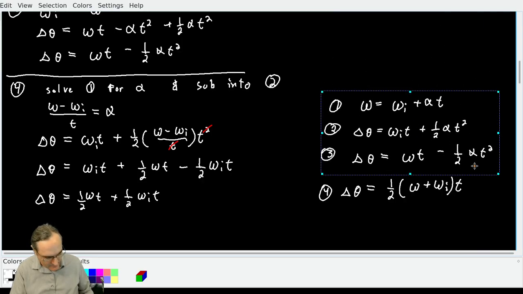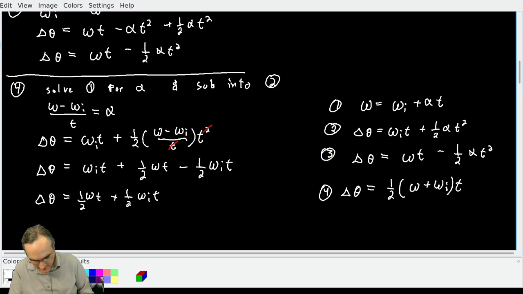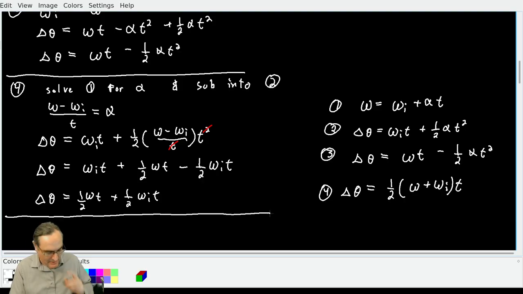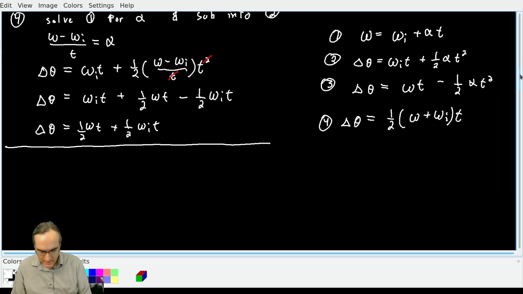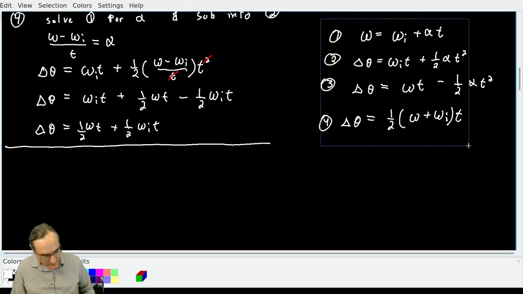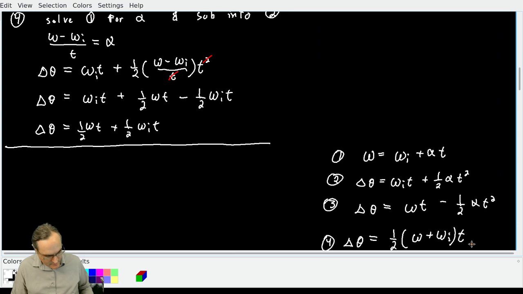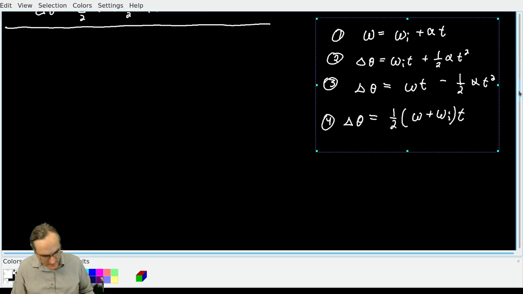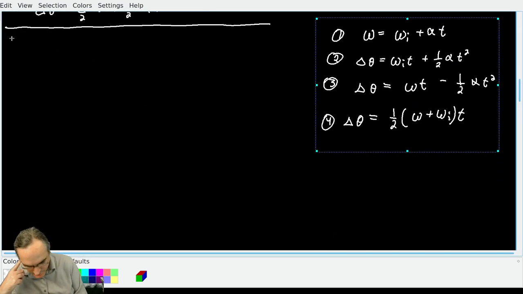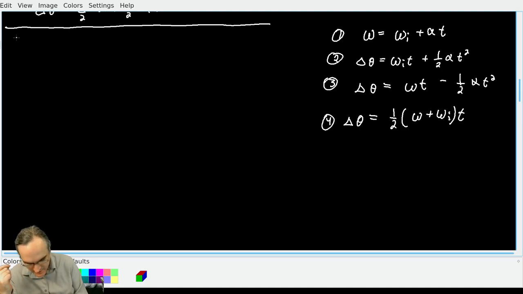We've got 4 of the 5 kinematic equations recovered. And you notice they're still continuing the pattern, which means you can probably guess what the last one is going to do. So here's what we've got so far. Move it down. And we need to eliminate time for the last one.